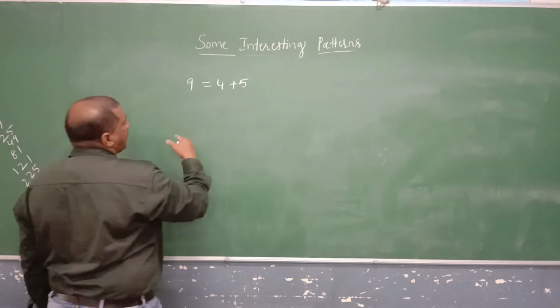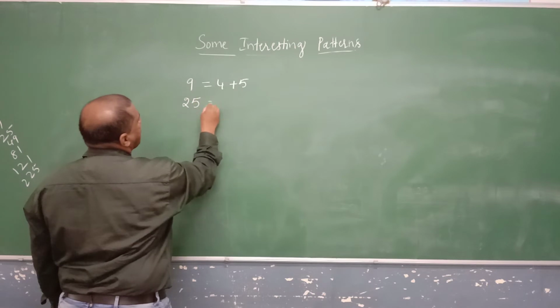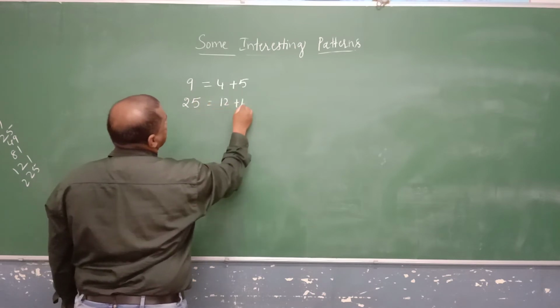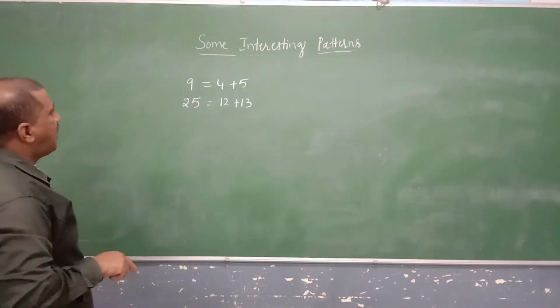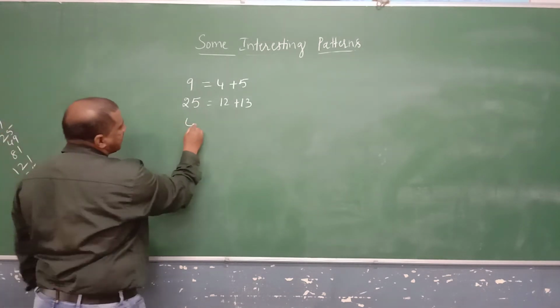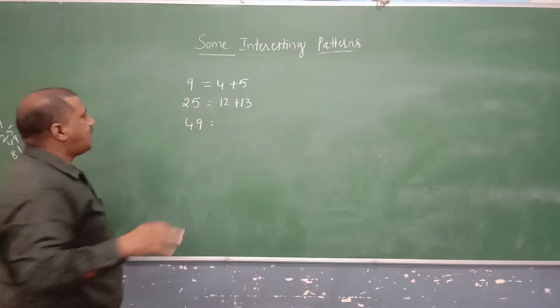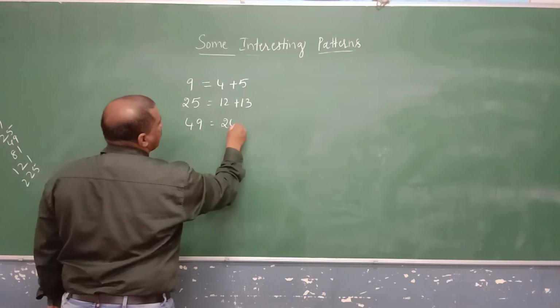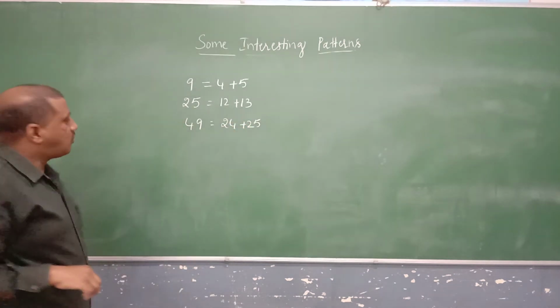Similarly, next, 25. 25 can be written as 12 plus 13. 12 and 13 are two consecutive numbers. Then 49 is there. We can write it as two consecutive numbers, 24 plus 25.